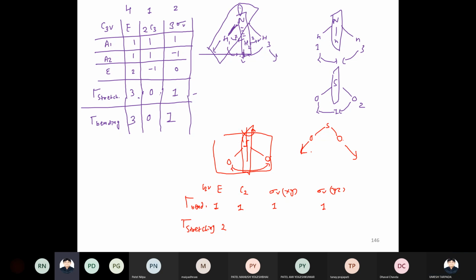Both the SO bonds remain as it is. Okay. Now, what about if you apply the C2 operation? This is vector 1 and this is vector 2. What is the result of the C2 operation?